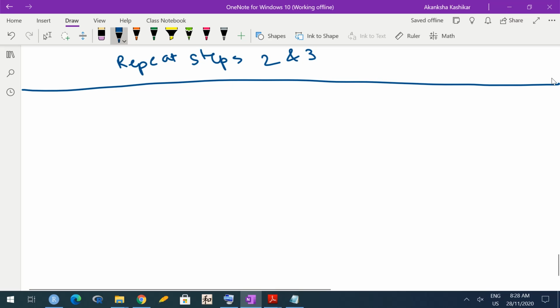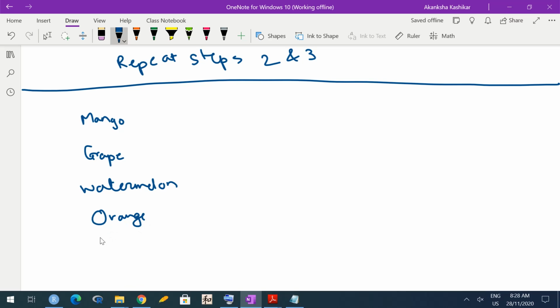Okay, let me stick to the example of fruits, and we'll have multiple variables and we'll define binary distance. So let me take mango, grape, watermelon, orange, and maybe chiku.